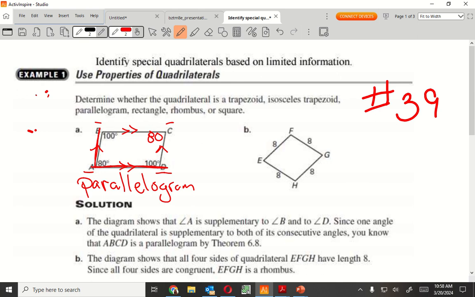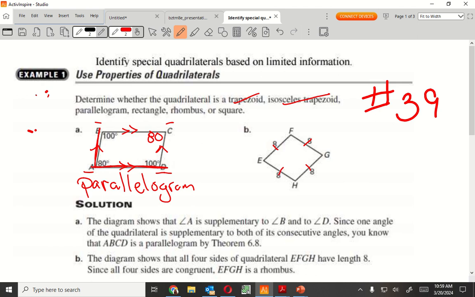All right. Now let's look at this one. What can I say about this one here? Is it a trapezoid? No. It's not going to be a trapezoid, is it? It doesn't have one pair of parallel sides. So then it can't be an isosceles trapezoid. Okay, let's look. All the sides are 8.